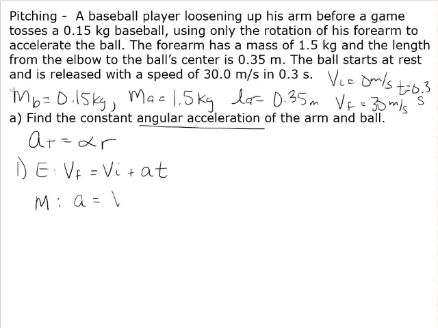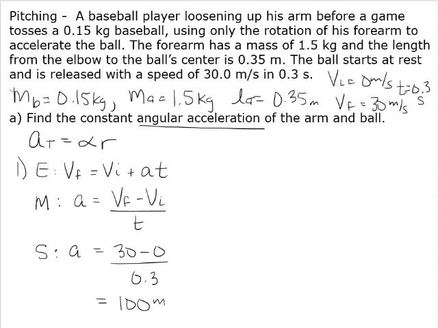So acceleration equals velocity final minus velocity initial divided by the time. Then my substitution gives me that my tangential acceleration is 30 meters per second minus 0 over 0.3 seconds, which gives me a tangential acceleration of 100 meters per second squared.